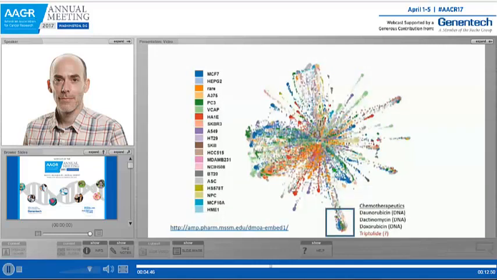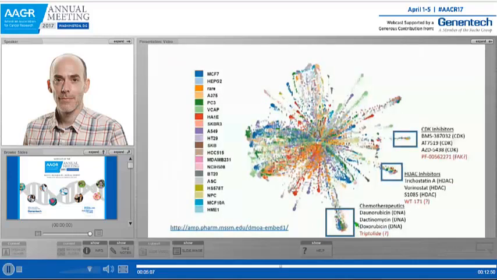We can find many chemotherapeutics in this cluster, and we find some novel drugs there that generate or induce the same response, and those could be potential chemotherapeutics that we just don't know are chemotherapeutics. The same goes with HDAC inhibitors and CDK inhibitors.